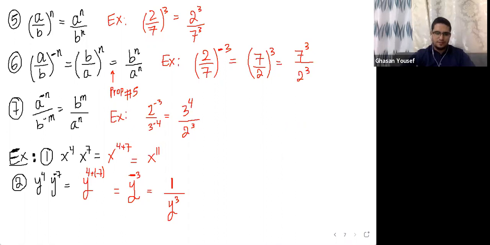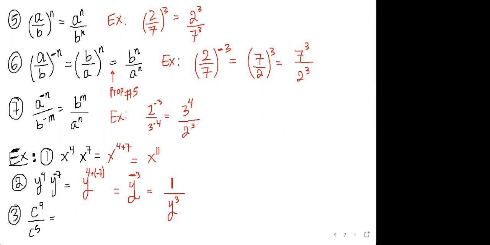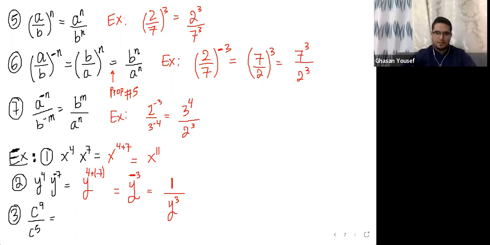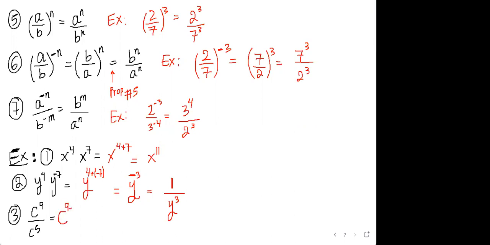Example number 3. If I have c to the power 9 over c to the power 5, what does that equal? It would equal c, and then we're going to have 9 minus 5. Exactly. So this is equal to c to the 9 minus 5.